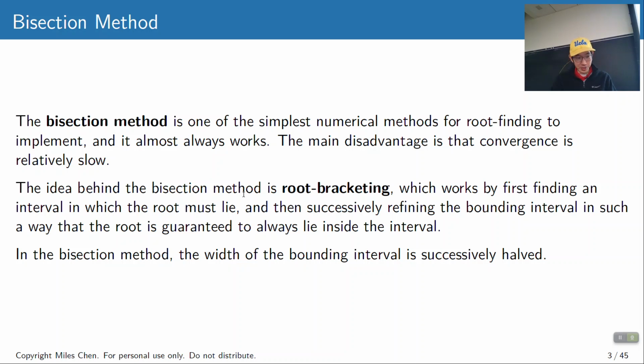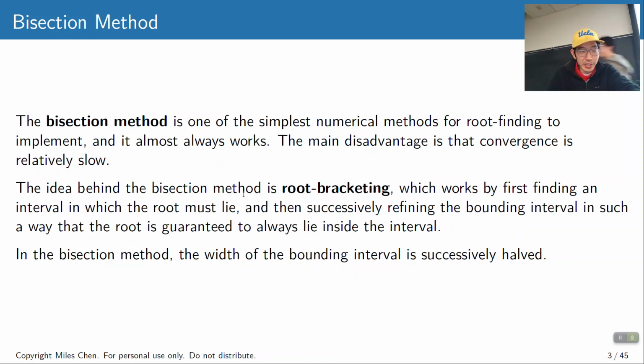And if the function is continuous and you have a bracket where you know a root exists, then bisection method will find the root. The only disadvantage is that its convergence is slow, linear convergence. But other than that, a lot of these things work pretty quickly, so your computers will be able to converge fairly quickly.